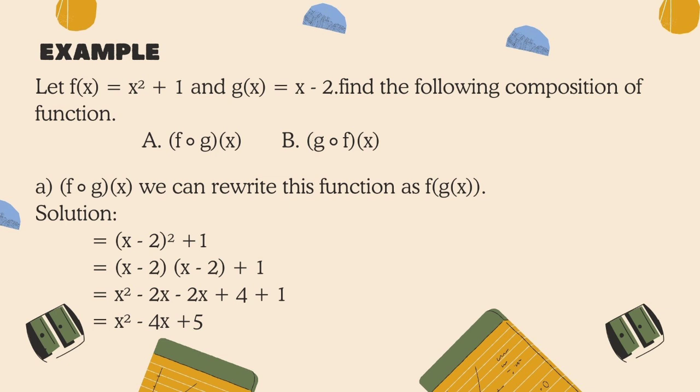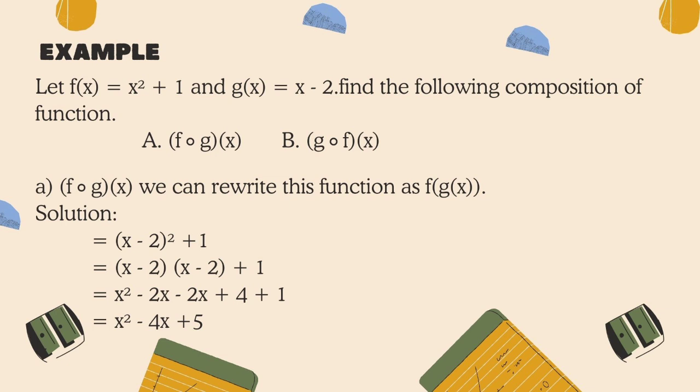So we will have x minus 2 squared plus 1. So we have to expand the x minus 2 squared, so we will have x minus 2 times x minus 2 plus 1. So here, we have to use the FOIL method.